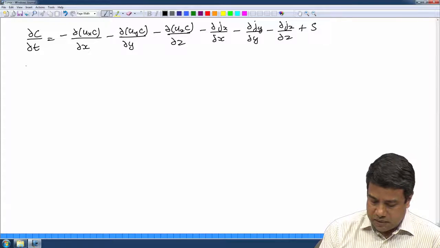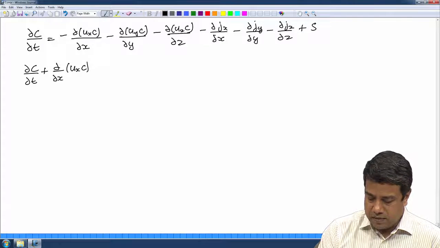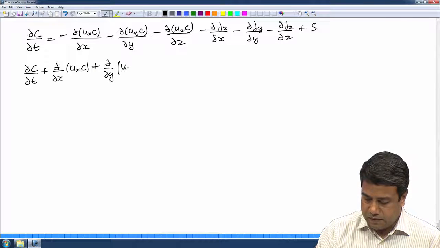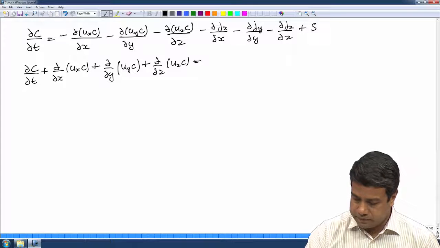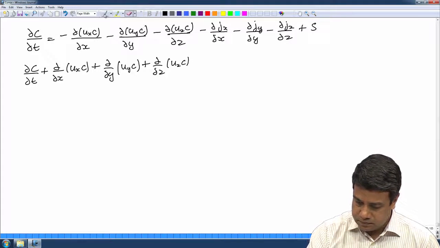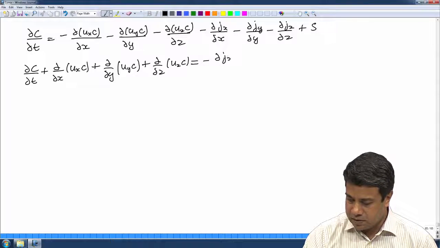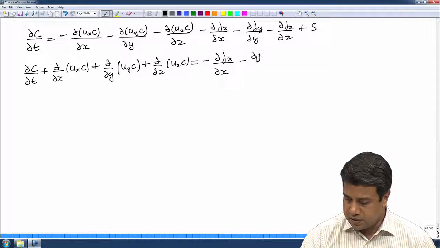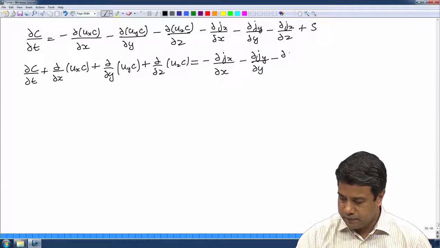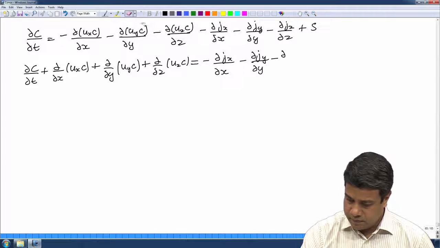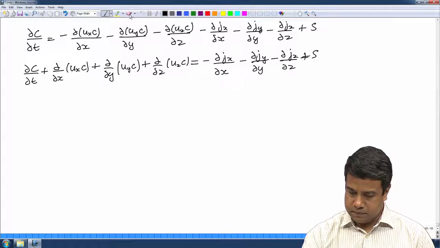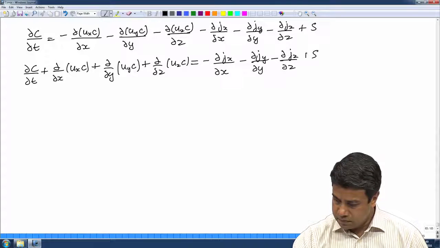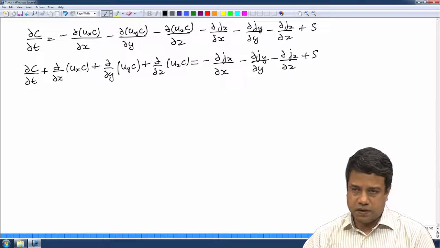It is conventional to write this as dc by dt plus d by dx of u_x c plus d by dy of u_y c plus d by dz of u_z c is equal to minus partial j_x by partial x minus partial j_y by partial y minus partial j_z by partial z plus the source. So that is the conservation equation.